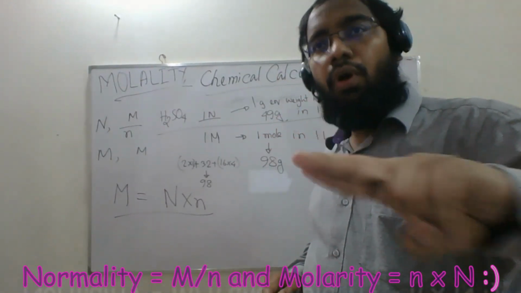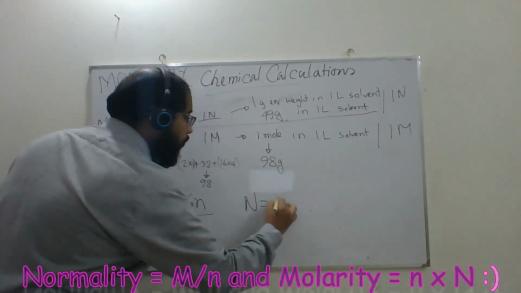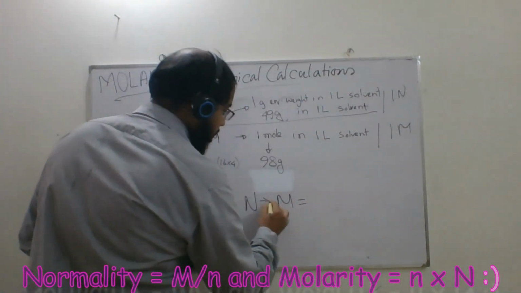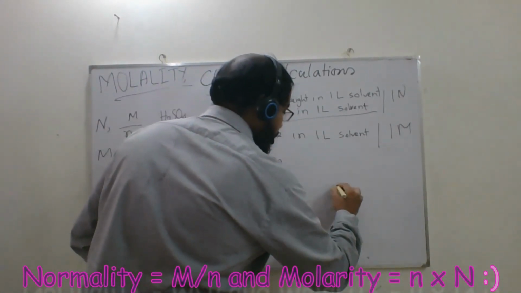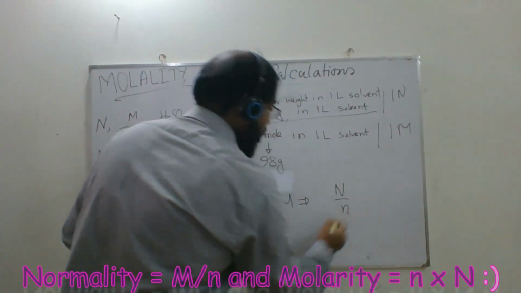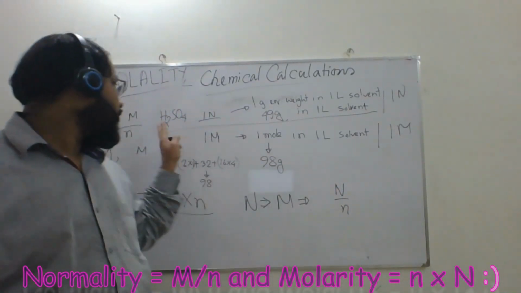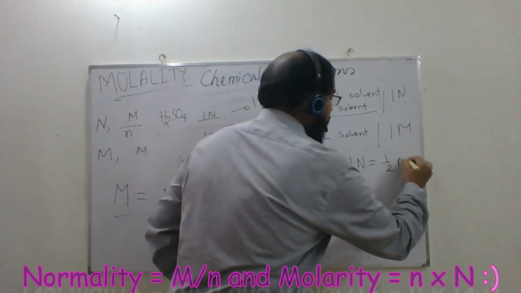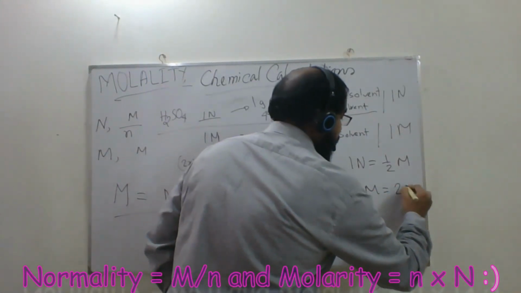Or if we want to convert normality to molarity, then we just need to divide normality by n. So 1 normal sulfuric acid is equivalent to N by n, that means N by 2. 1 normal sulfuric acid equals half molar sulfuric acid, or 1 molar sulfuric acid equals 2 normal sulfuric acid.